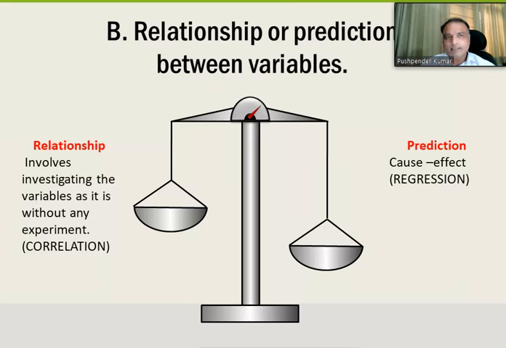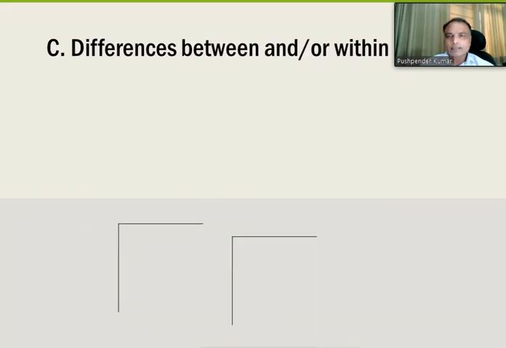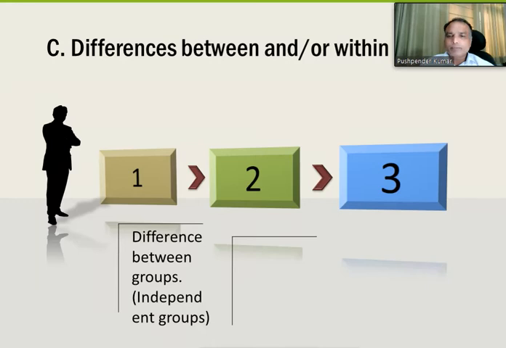If you understand this basic concept of correlation and regression, relationship and prediction, then you can further go and use correlation and regression. Now let us go for the third objective of research. You want to see a difference between and within the groups. So first, difference between groups.